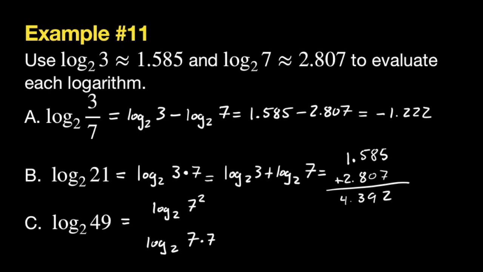They will both give you the same answer, but in this case I want to stick with the easier property, so I want to put 2 log 2 of 7, and we know that's going to be equal to 2 times 2.807. That gives you 5.614.